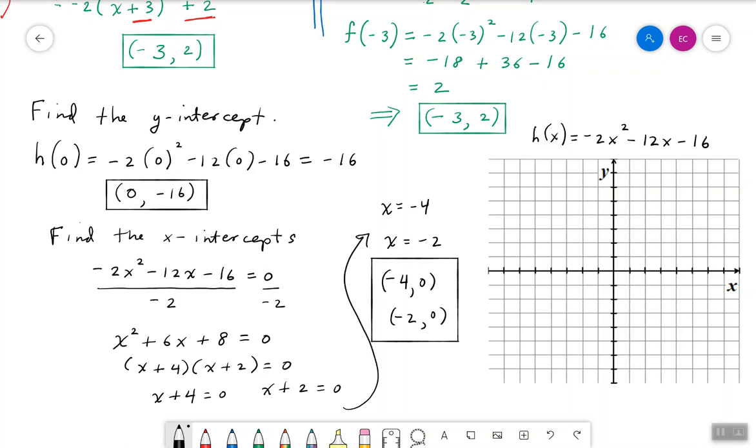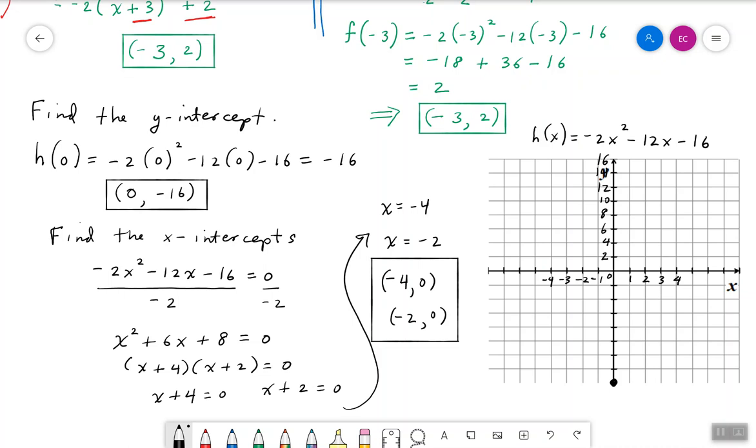So actually, if I count by 2's on the y-axis, 2, 4, 6, 8, 10, 12, 14, yeah, 16 just fits. So negative 16 will be way down at the bottom, and I'll go ahead and plot that point. And then in the x direction, we don't need to count by 2's. We could just count by 1's. 1, 2, 3, 4. Negative 1, negative 2, negative 3, negative 4. Label the origin.